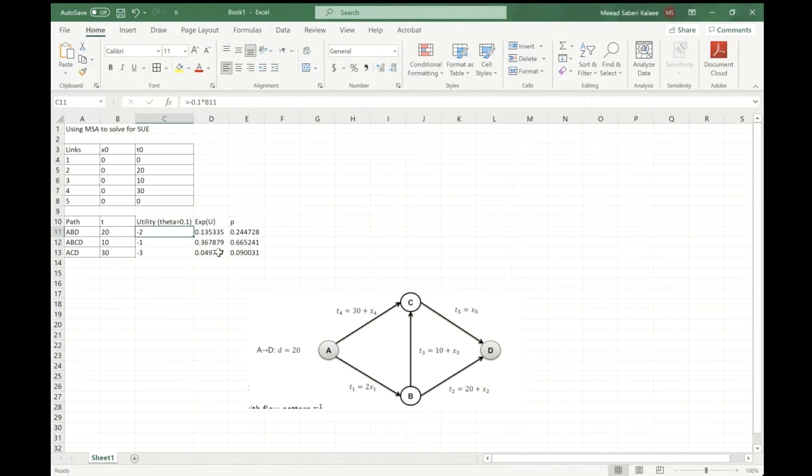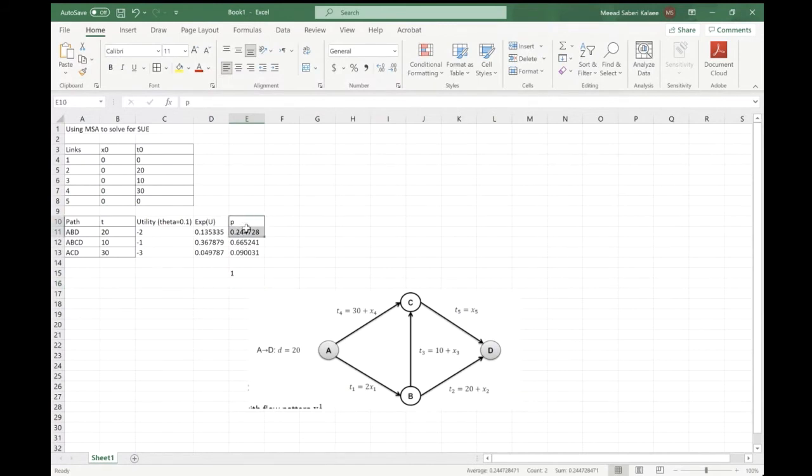So they would say utility of this path divided by the summation of the utilities. No, that's not right. It's the exponential of the utility divided by the summation of the exponential of the utilities, okay? And then let's double check whether the summation of all the probabilities is equal to 1. So that would give us a reassurance. Yes, so the summation of the probabilities is 1.